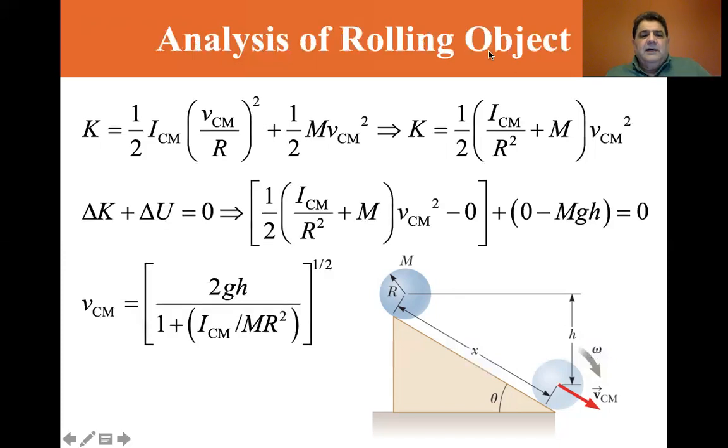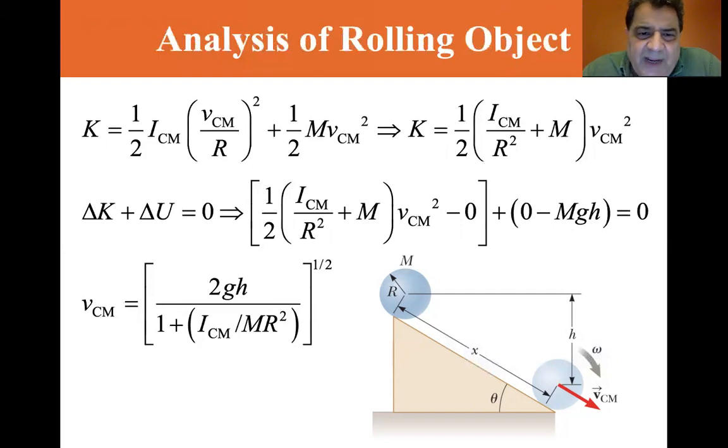And so the kinetic energy plus the potential energy, the kinetic energy is one half the moment of inertia divided by r² plus m times the velocity of the center of mass squared, plus mgh.